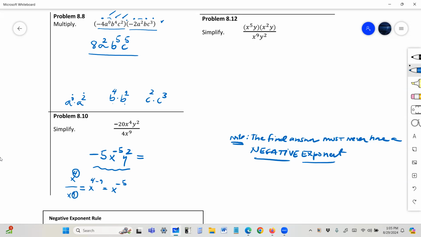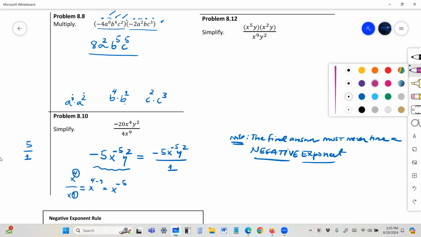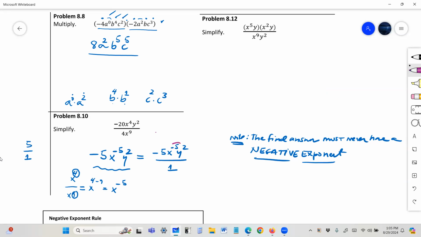So first of all, I'm going to write this as -5, x to the -5, y squared, everything divided by 1, right? I can do that. Just like the number 5 is the same thing as 5 divided by 1. Now, when you do have a negative exponent in the numerator, I just gave you a rule that the final answer cannot be negative.